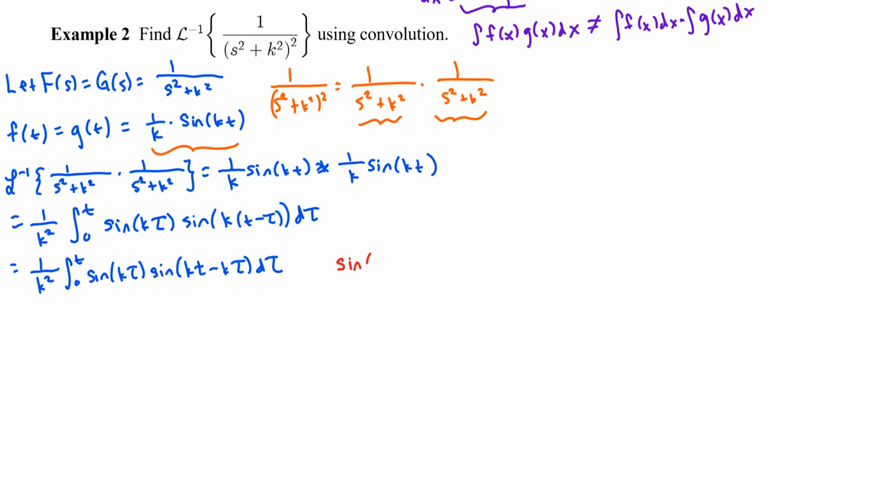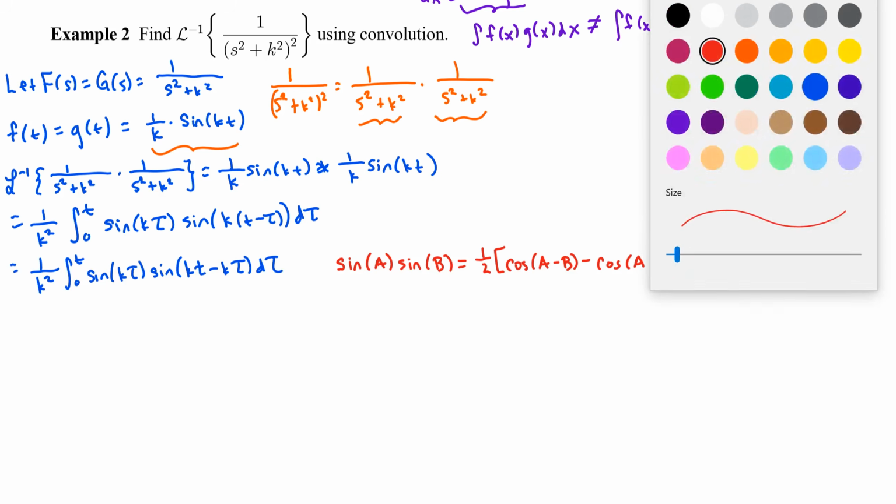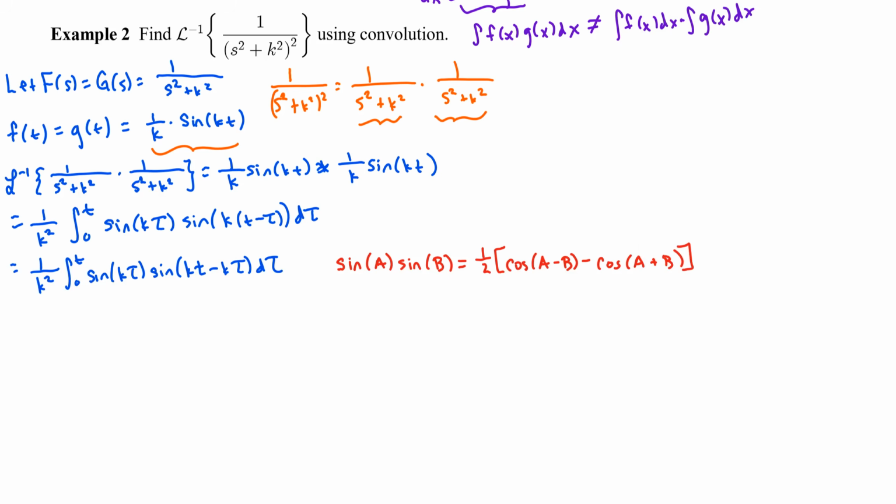So let me remind you the product to sum formula for sine of A times sine of B. This is equal to 1/2 times cosine of A minus B minus cosine of A plus B. So I'm going to apply this product to sum formula so that I'll be able to split that integral into two distinct integrals.